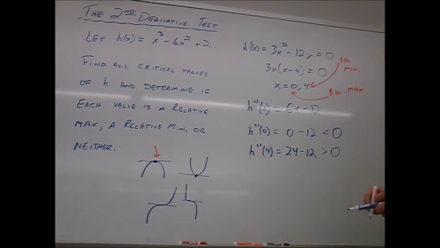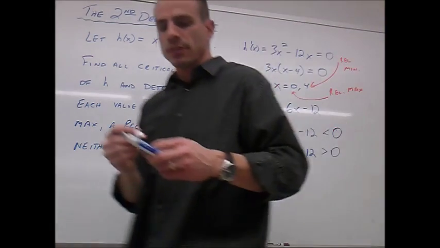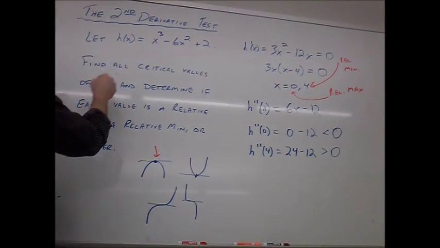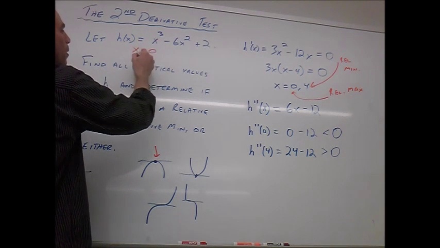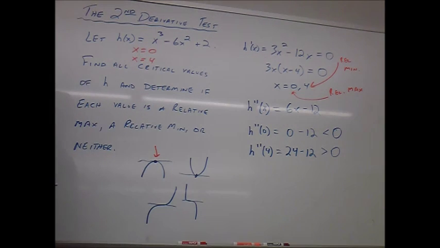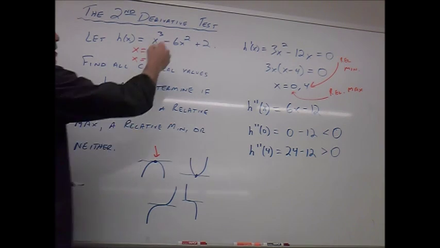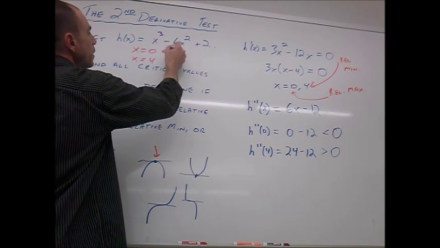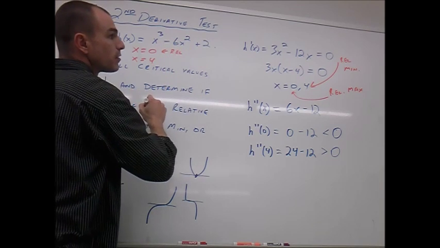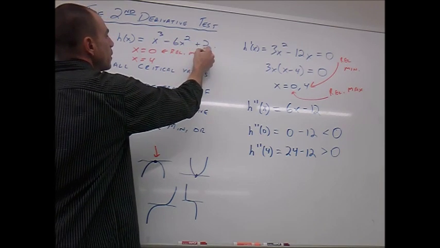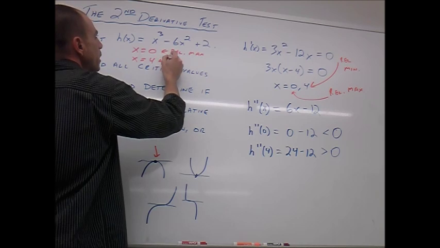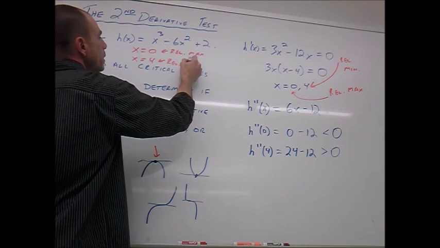So if we go back to the problem, it says find all critical values of h. We did that. We got x equals 0 and x equals 4. And determine if each value is a relative max, relative min, or neither. Well, what do we say for 0? 0 is a relative max, and 4 is a relative min.